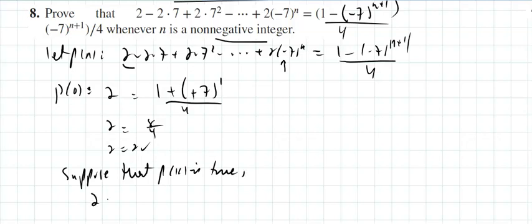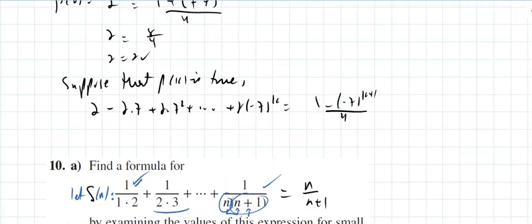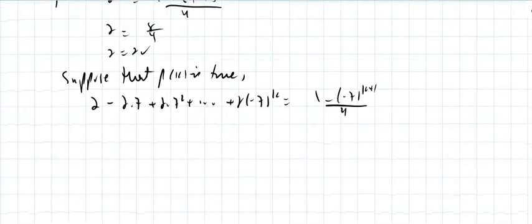Then 2 minus 2 times 7 plus 2 times 7 squared plus ... plus 2 times negative 7 to the k must equal 1 minus negative 7 to the k plus 1 divided by 4. That's my assumption for P of k plus 1.